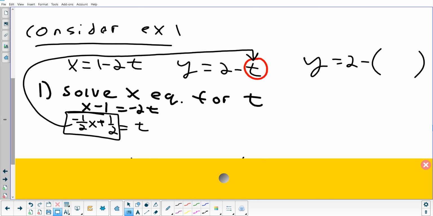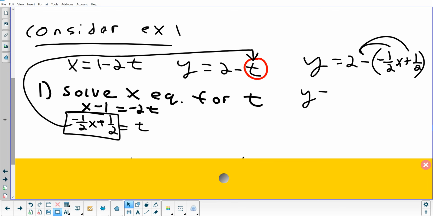So instead of writing 2 minus t, put in what t equals: negative 1/2 x plus 1/2. And hello, Bailey, what do I have to do with this negative that's in front? Distribute it to both halves. Yep, so I have to distribute that negative out. And just combine your like terms and that'll be your answer.